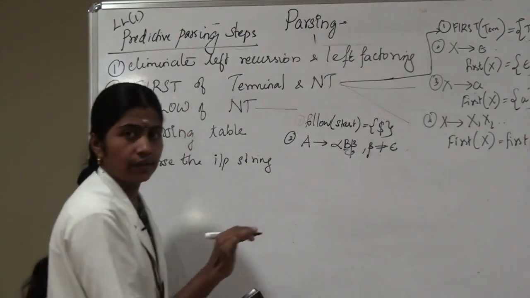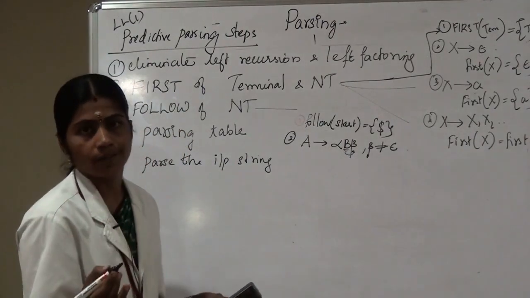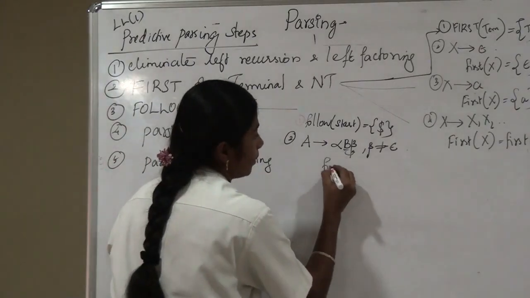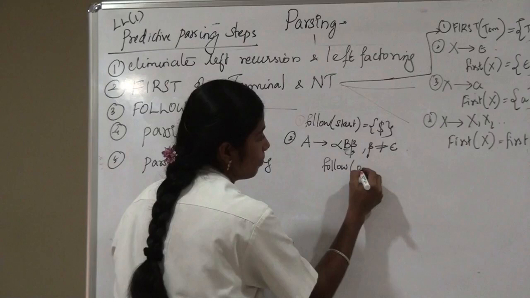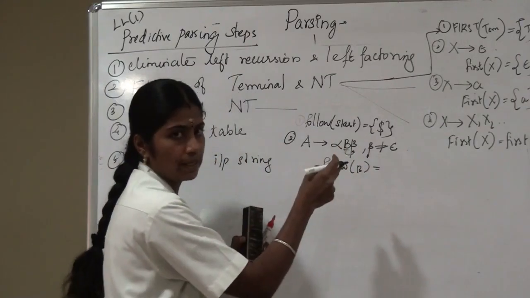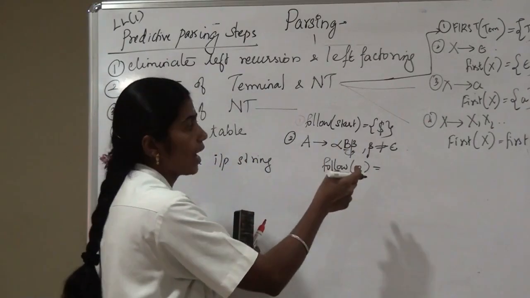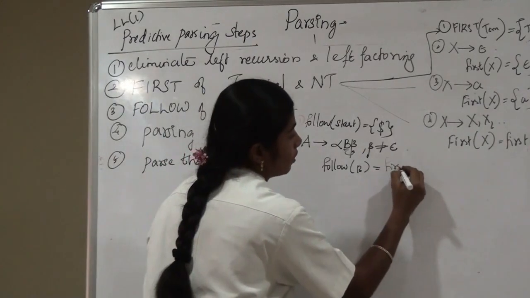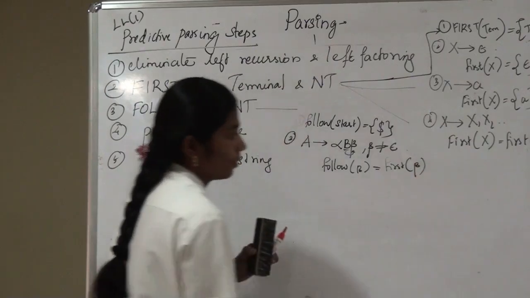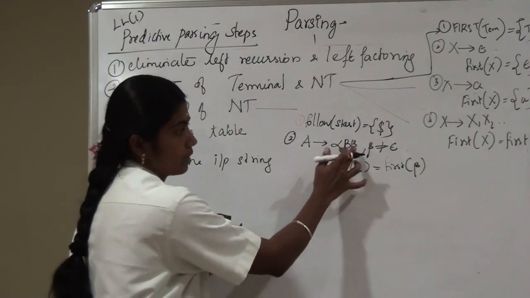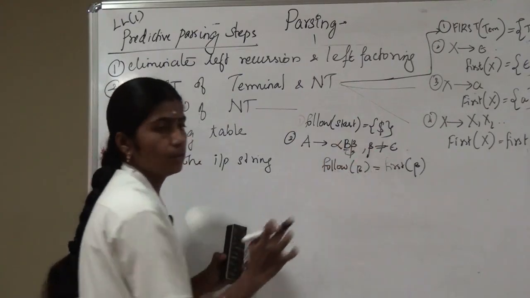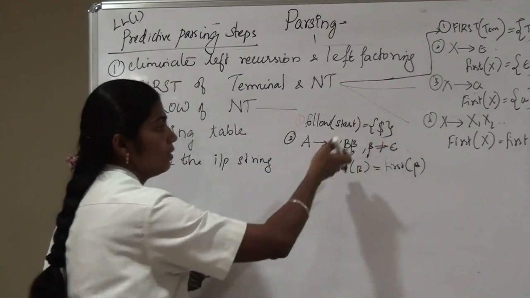Beta can be a terminal, or a non-terminal, or a combination of anything. So if someone is following B, then I have to find the first position of that someone. Follow of B, someone is following B. Who is that? Beta. For that beta, I find the first. That will be in follow of B.